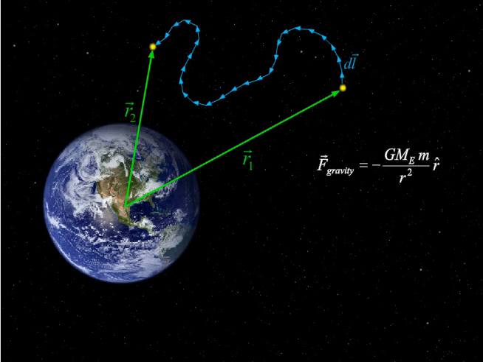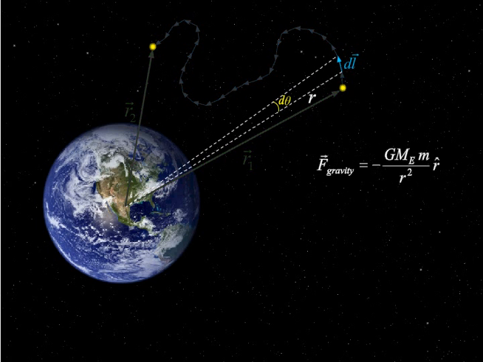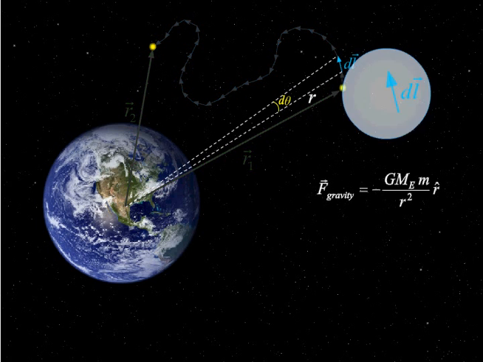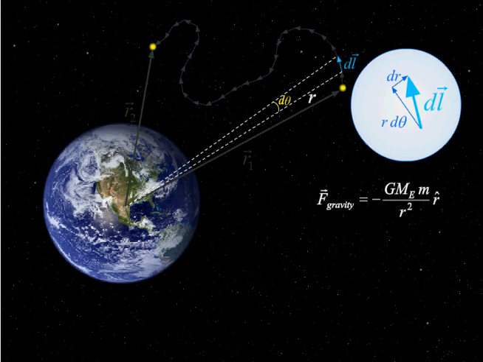Once again, we break the path between r1 and r2 into tiny steps. For now, just consider one of these steps and realize that it can be broken into two even smaller steps, one that is parallel to the radial direction and one which is perpendicular to the radial direction. Since the force is radial, the work done when moving along the perpendicular step is 0.